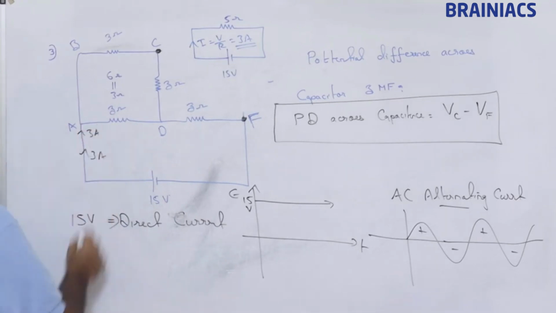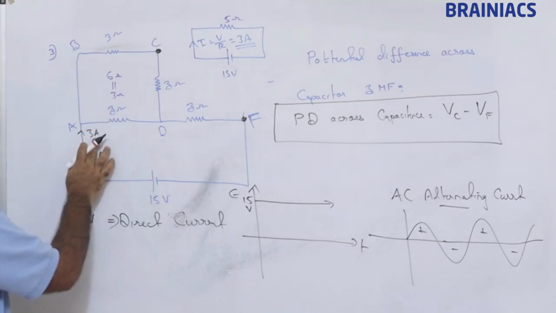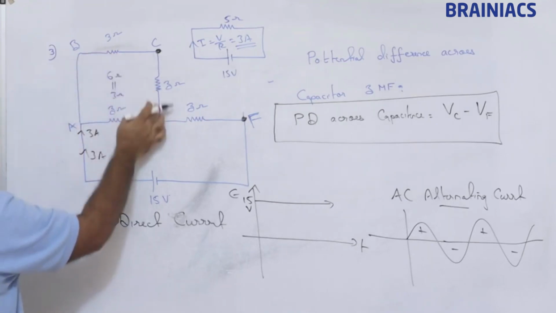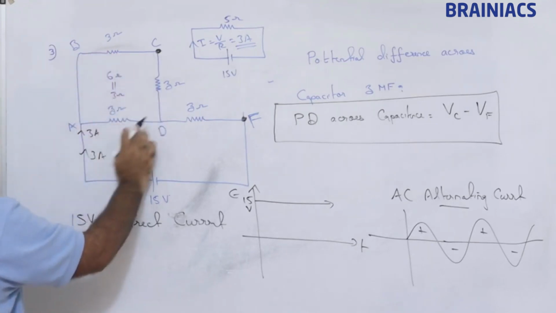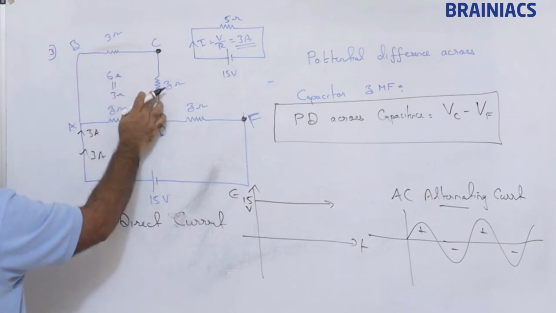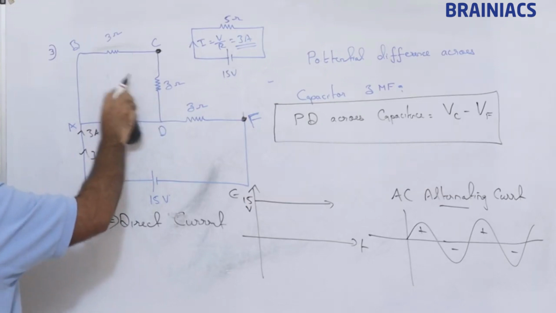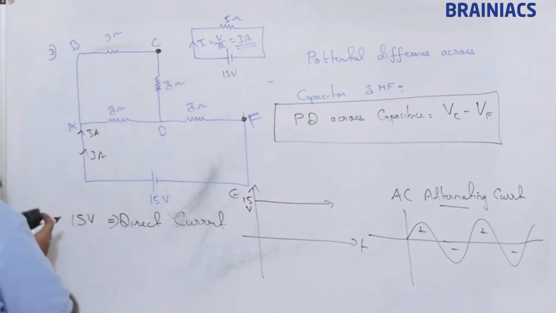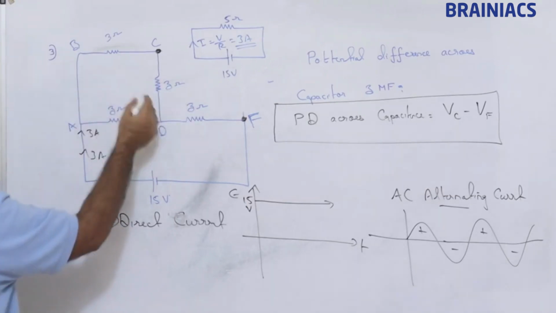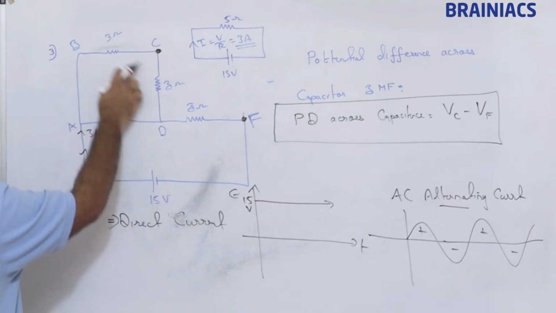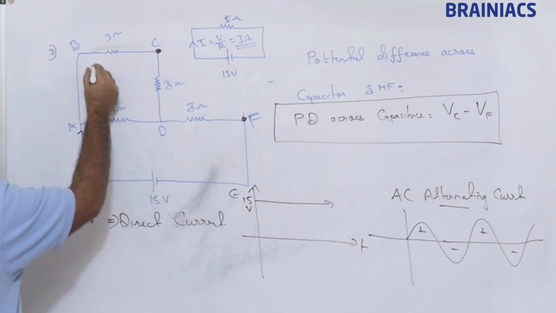If 3 ampere is flowing, this will have more resistance, this has less resistance. How? This is 6 ohm, this is 3 ohm. I found the equivalent resistance and I found the current. So how to find the current through this branch?